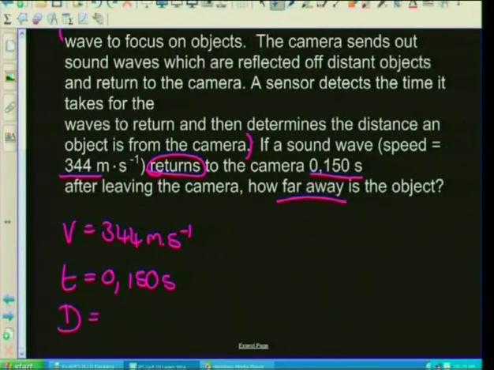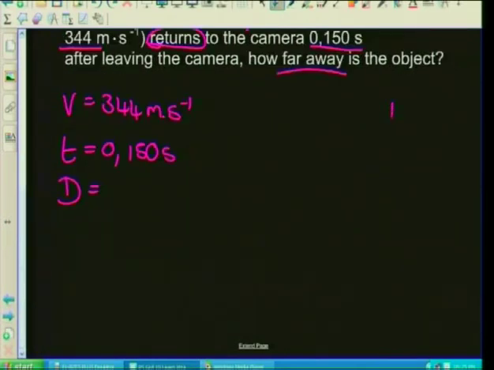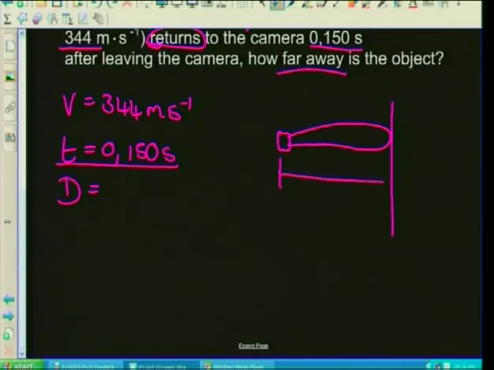So distance. Okay, now, very important. I'm going to draw a little diagram because what they're saying to you, there's my object, camera's over here. The sound wave goes out and comes back in 0.15 seconds. All I want to know is what is this distance.